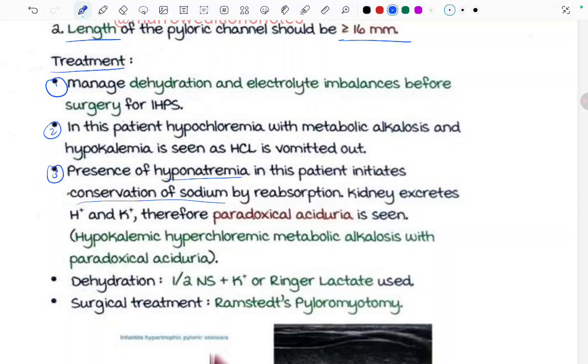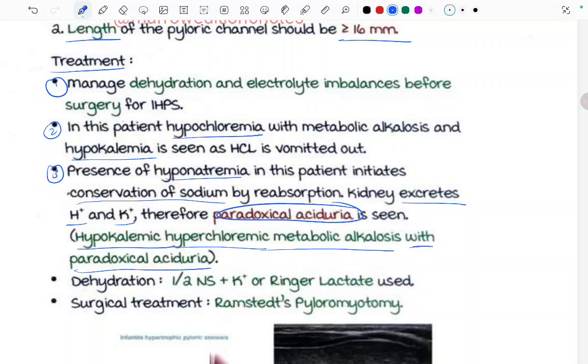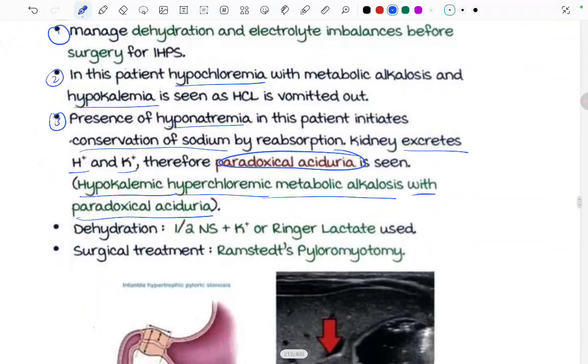The kidneys excrete the H plus and K plus, and we already saw there was hypochloremia and hypokalemia, and the kidneys are still excreting H plus and K plus, and therefore it is called the paradoxical aciduria, that is hypokalemic hypochloremic metabolic alkalosis with paradoxical aciduria, because H plus is low and still being excreted out. That's why paradoxical.